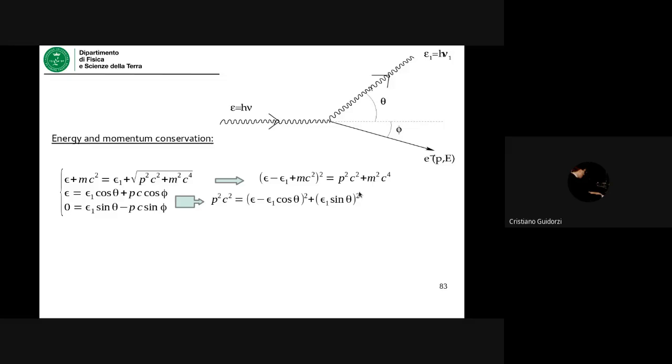I tell you here that the goal of the next calculations is to find epsilon 1 as a function of theta. So to find, as a function of the scattering direction, how the photon's energy changes as a consequence. Okay, so this is the goal.